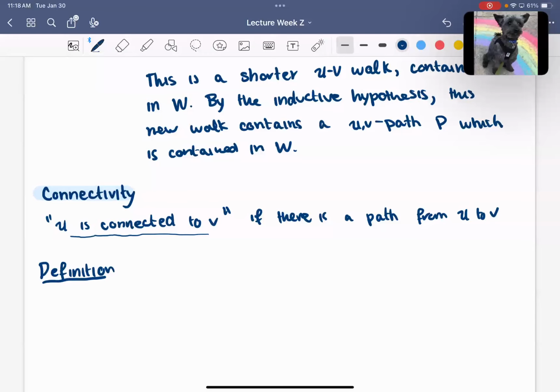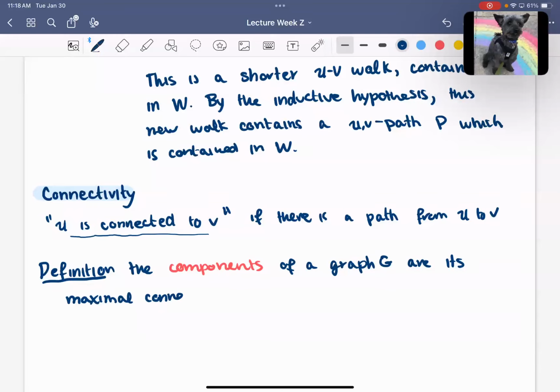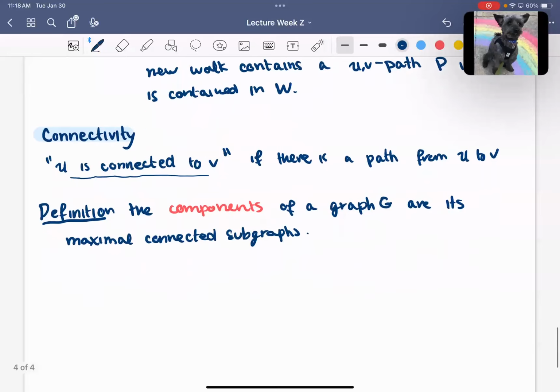The components of a graph G are the maximal connected subgraphs. Okay, so I'll draw an example.